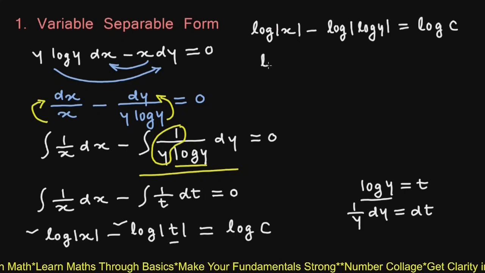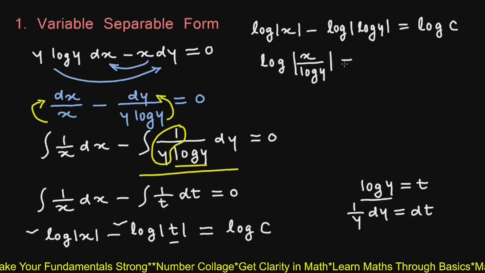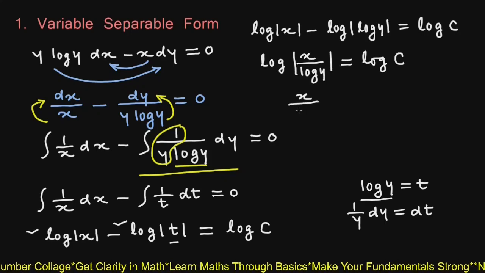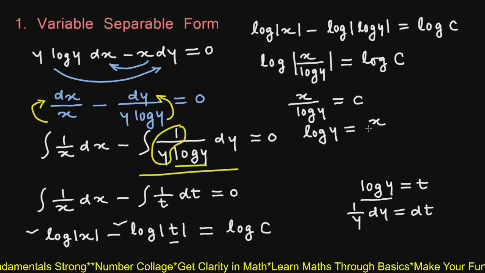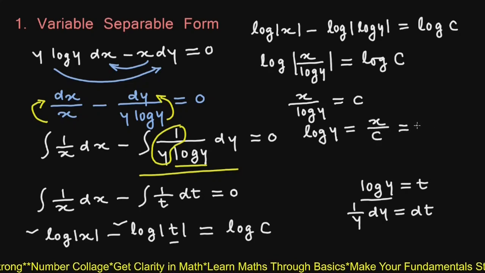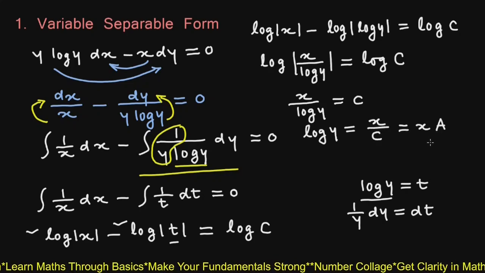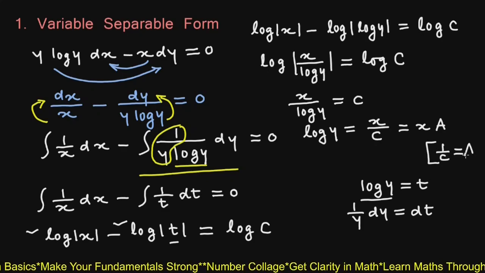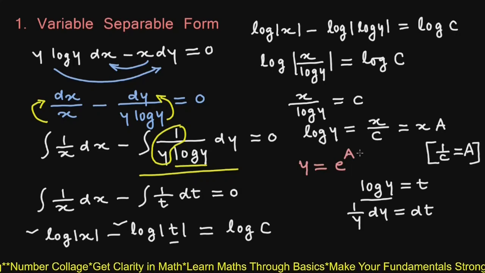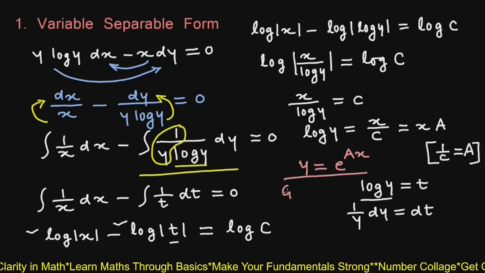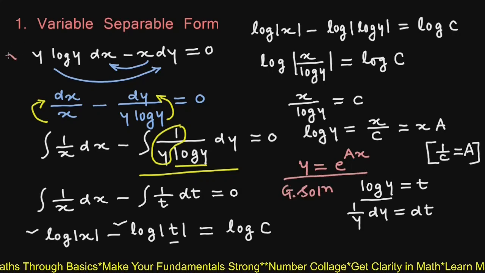This will be log x upon log y equals log c. x upon log y equals c. Log y equals x upon c, which can be written as a x, where 1 upon c equals a, or y equals e raised to a x. This will be the general solution of this differential equation.